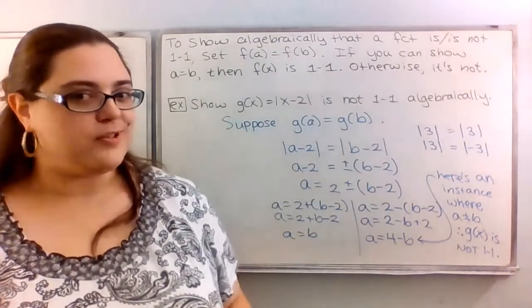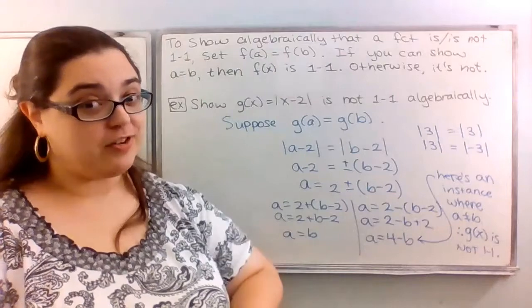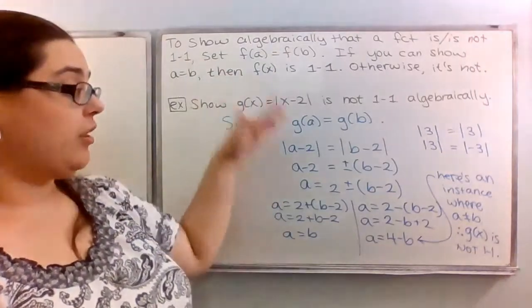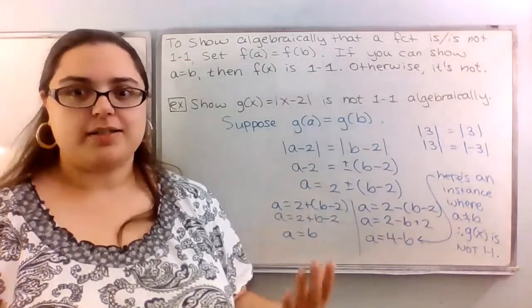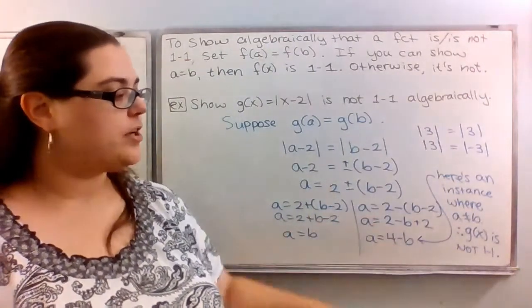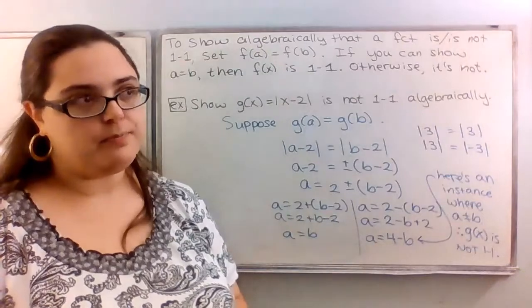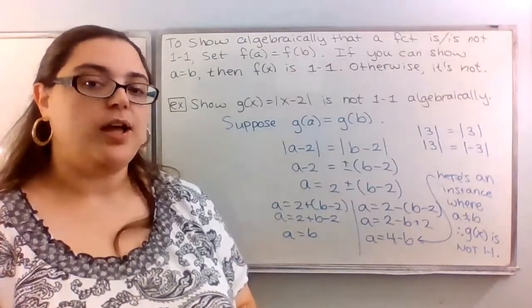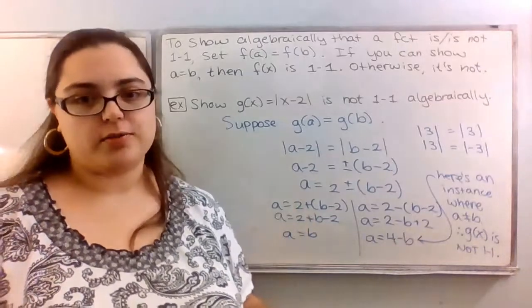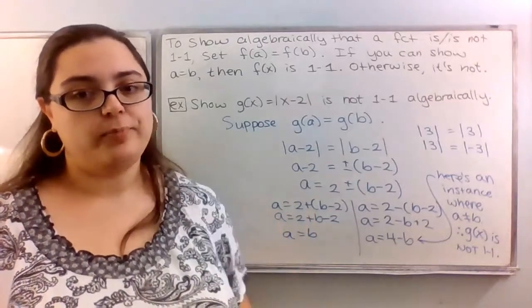So I'm thinking you can probably see why I said graphically is a little bit easier than algebraically, because we have to go through all of this rigmarole and lots of algebraic techniques to figure out whether or not the function will be one-to-one. So if you have a graph, or if it's a function that's easily graphable, finding whether it's one-to-one with the graph is really helpful.